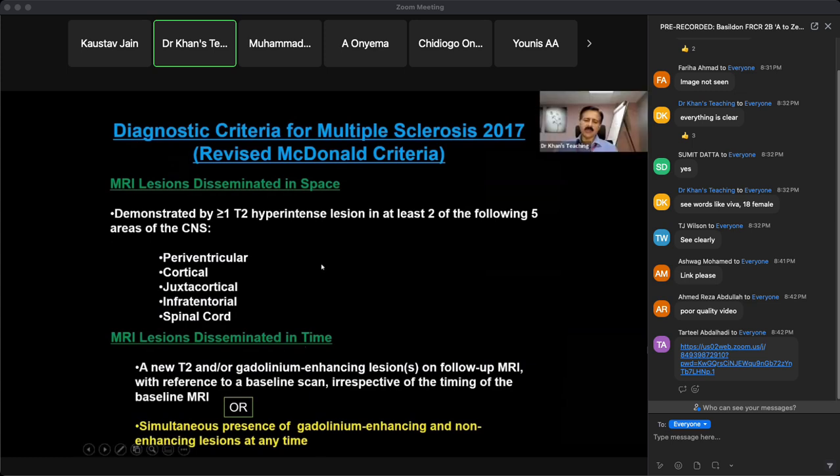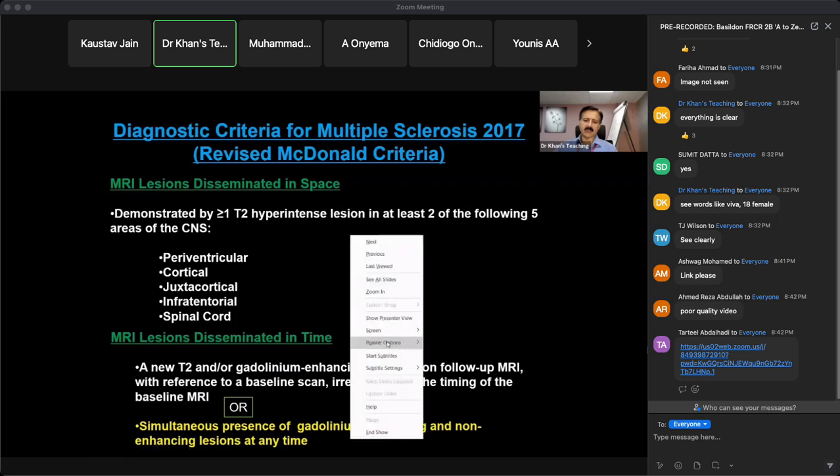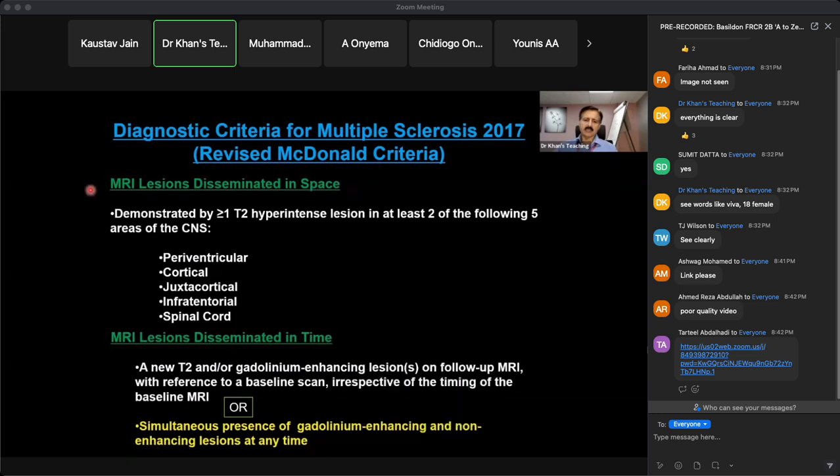When you diagnose MS, the criteria of dissemination in space and dissemination in time should be met. As far as dissemination in space is concerned, you should have T2 hyperintense lesions in at least two of the following sites.